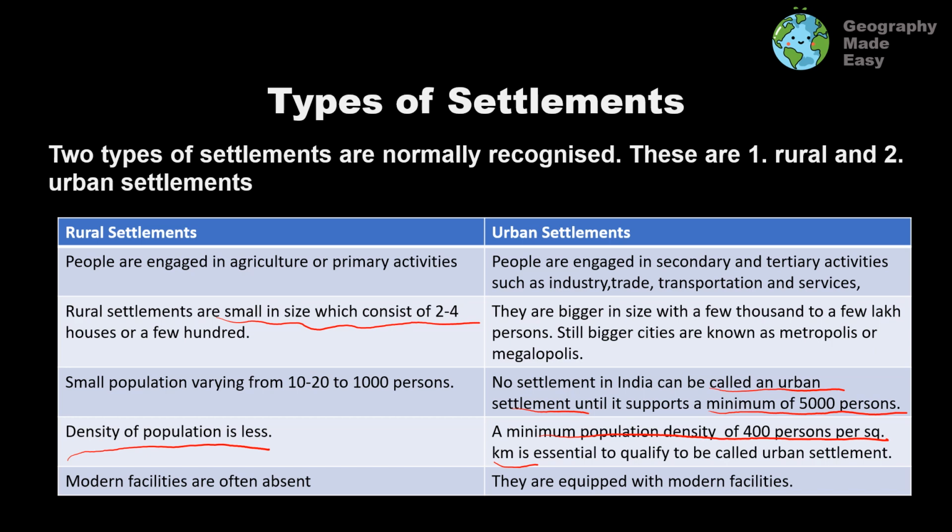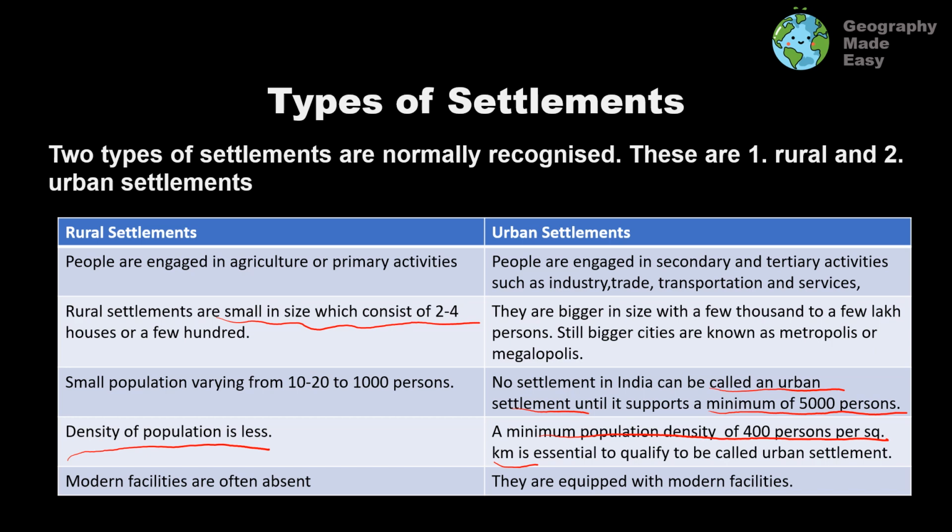In rural settlements, modern facilities are often absent, but again, this is changing. We see that the absence is being replaced. Nowadays modern facilities are also reaching the villages, but for technical reasons and arguments' sake, let us just consider that modern facilities are often absent.